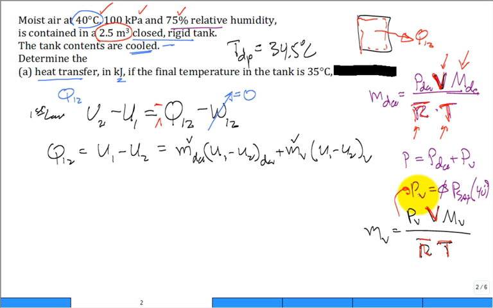We have the masses. Now, where do we get the internal energy U of the dry air? This U1 is the dry air internal energy at a temperature of 40 degrees C, and this one is the internal energy of dry air at 35 degrees C. Where do I get those? Air table.